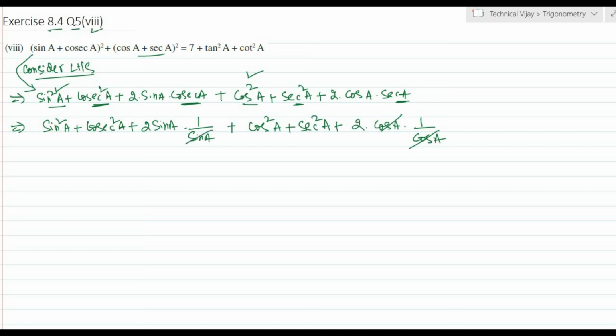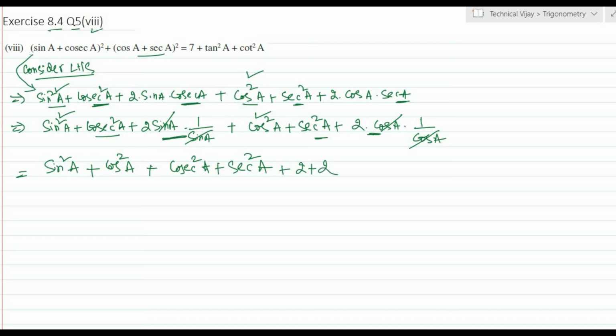So cos A cancels, sin A cancels. So remaining will be sin square A plus cos square A, plus cosec square A plus sec square A, plus 2 plus 2. Now sin square A plus cos square A equal to 1. So 1 plus 2 plus 2, that is 5, plus cosec square A plus sec square A.